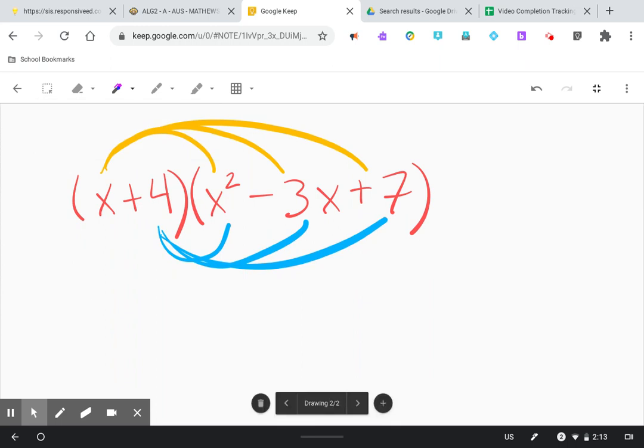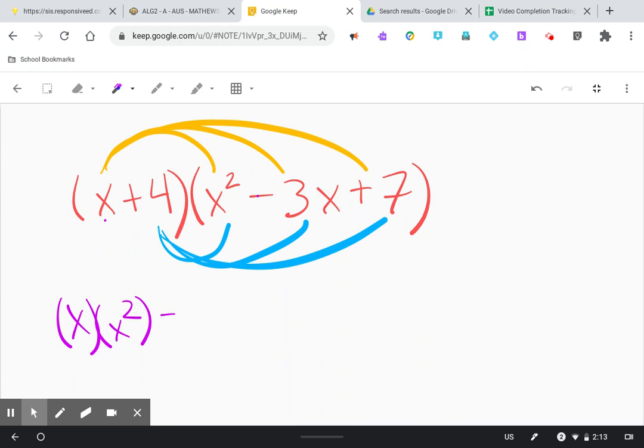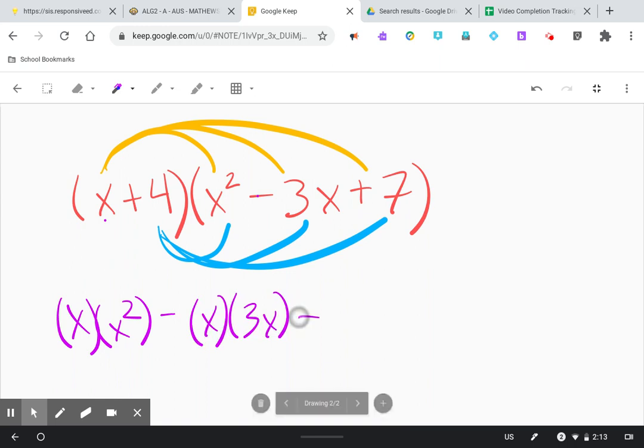So we're going to get x times x squared. And then we're going to do minus, because of this minus, x times 3x plus x times 7.